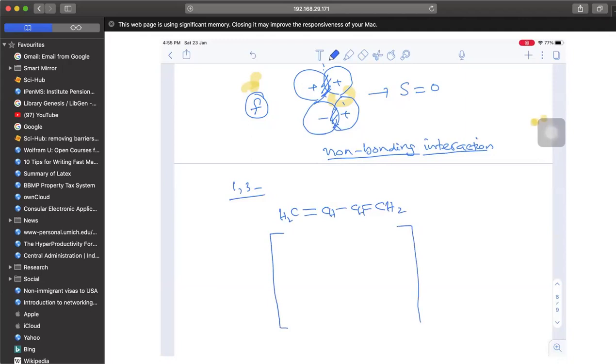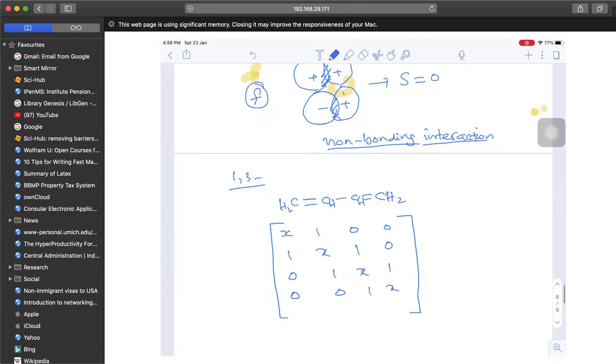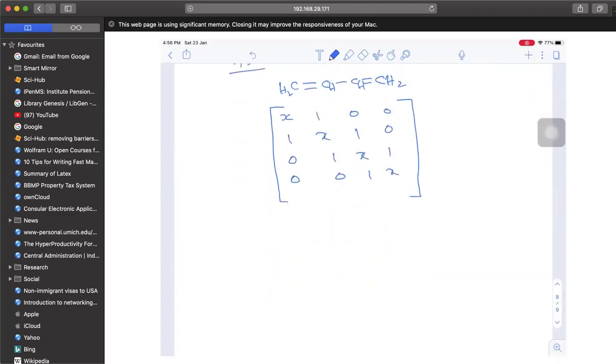So tedious to write down. But what will happen is that you will have x, 1, 0, 0; 1, x, 1, 0; 0, 1, x, 1; and 0, 0, 1, x. That's all. So this is the Hückel matrix for 1,3-butadiene. Is that okay? Yes, sir.